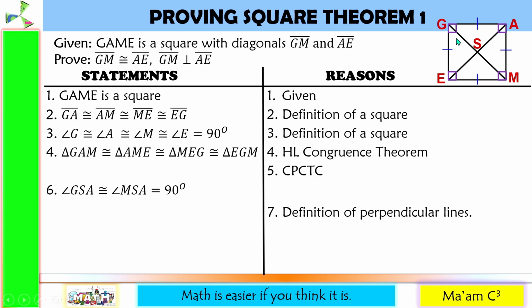If each triangle here is congruent with one another by CPCTC, then we can say that line segment GM is congruent with line segment AE. They are both hypotenuses in these triangles. Now, angle GSA is congruent with angle MSA and they are both equal to 90 degrees.